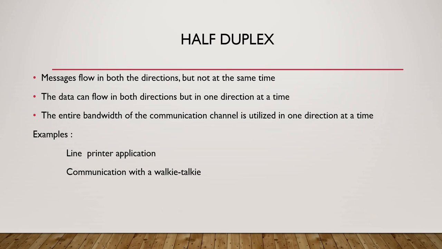In this case, the entire bandwidth of the communication channel is utilized in one direction at a time. The examples are line printer application and communication with a walkie-talkie. These two are examples of half duplex.